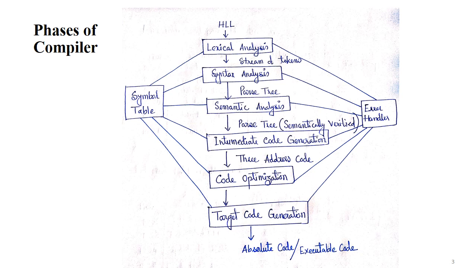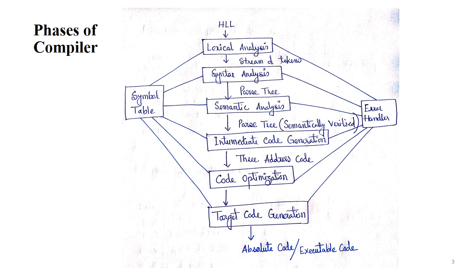Our main concern in this presentation is parse tree generation, or parsing. So we will mainly focus on the syntax analysis phase. Now that parse tree is fed to the semantic analysis phase, and it will generate a parse tree which is semantically verified.